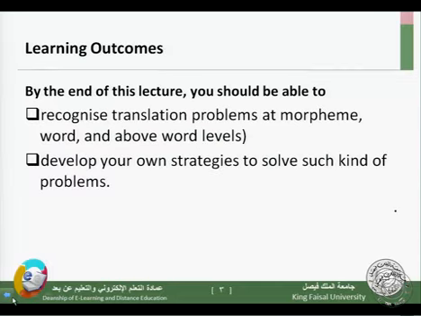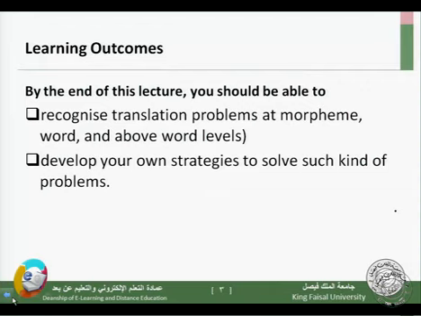I stress the importance of the learning outcomes of any lecture you attend, whether online or at any place. You need to achieve the learning outcomes.